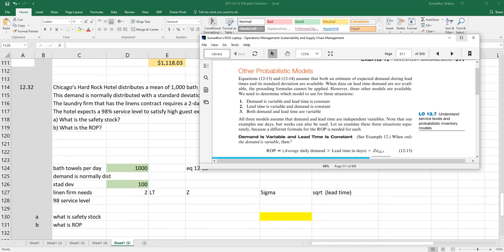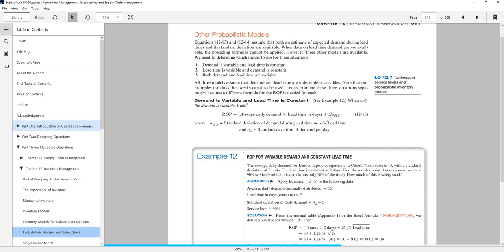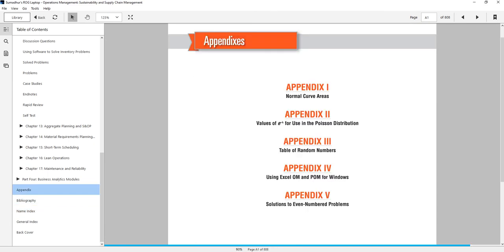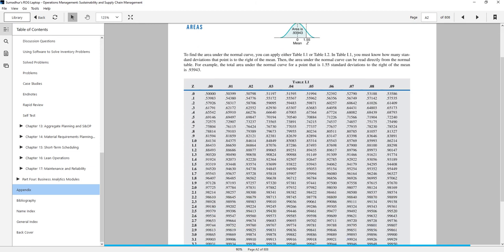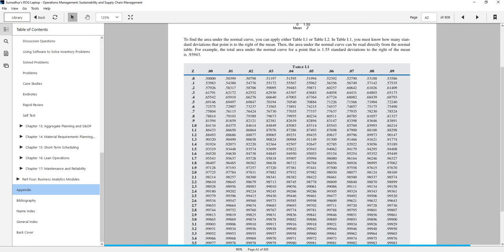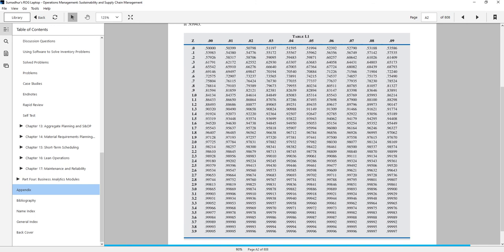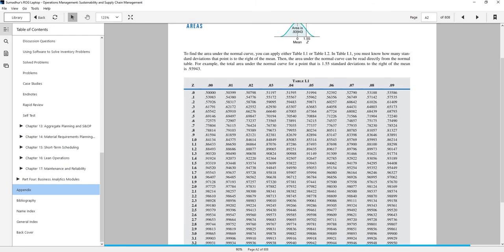So one way to do this is we go to the end of it where we are given the appendices. So at this point we can calculate or read our table for the z-scores.